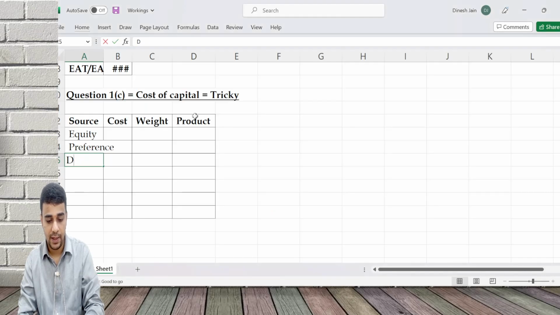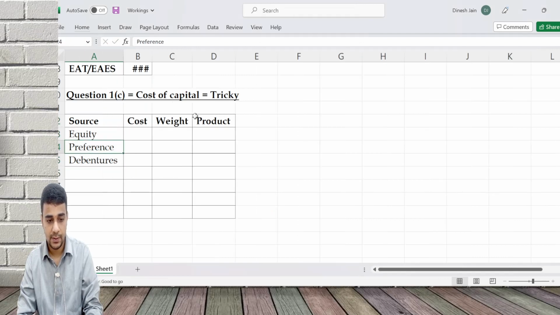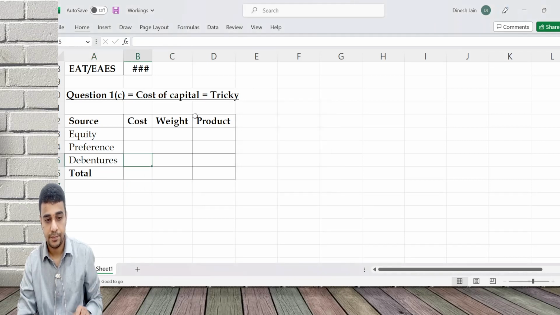These are the items we have. We'll go item by item.